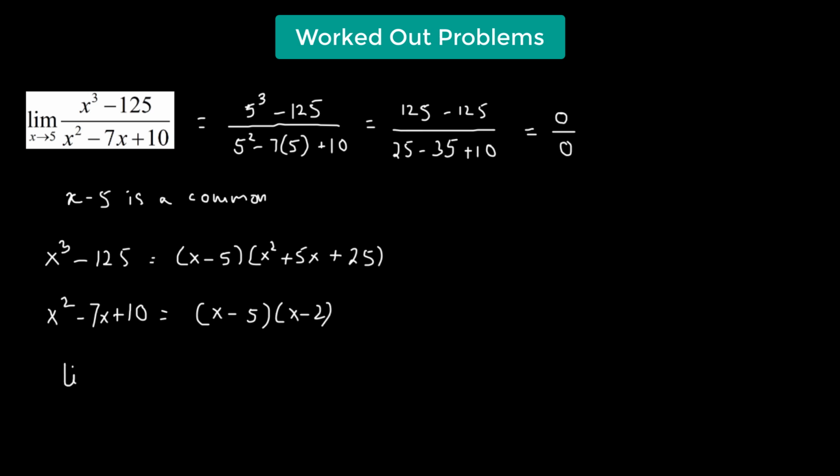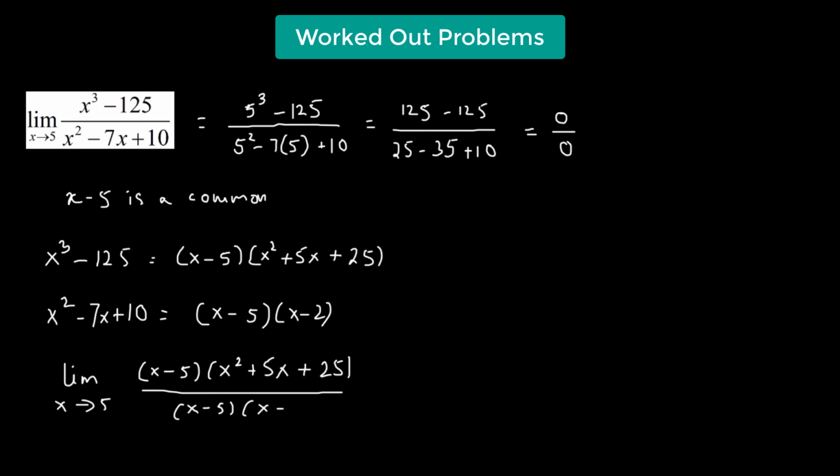Now we're going to rewrite the rational function in terms of the factors. So we have x minus 5 multiplied by x squared plus 5x plus 25, divided by x minus 5 times x minus 2. So the common factor x minus 5 cancels out.